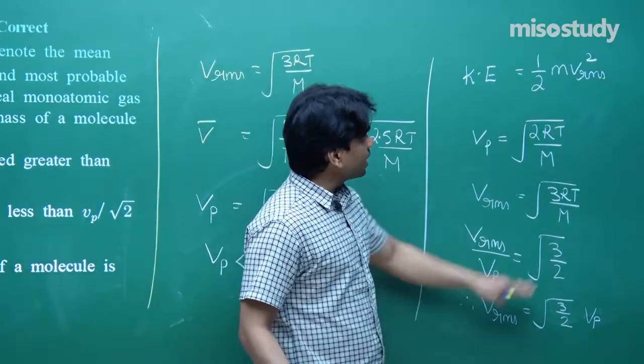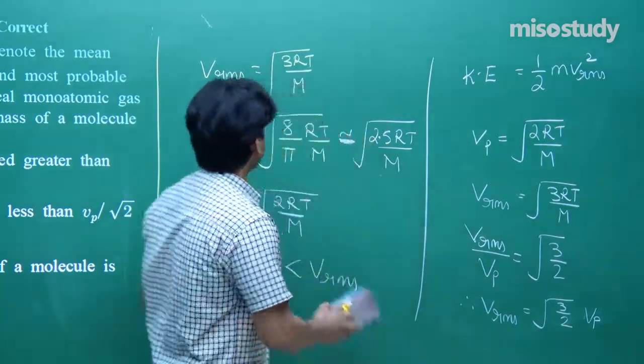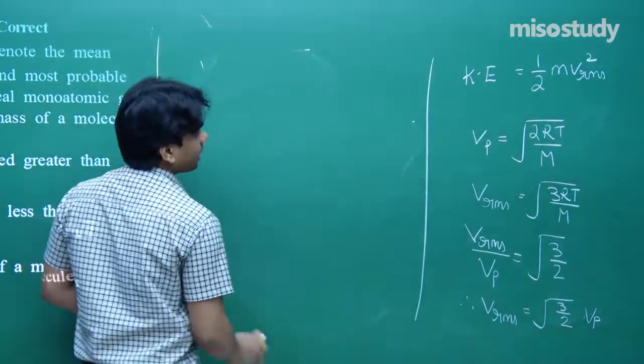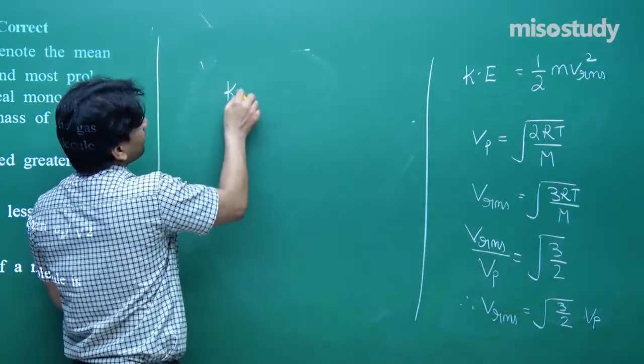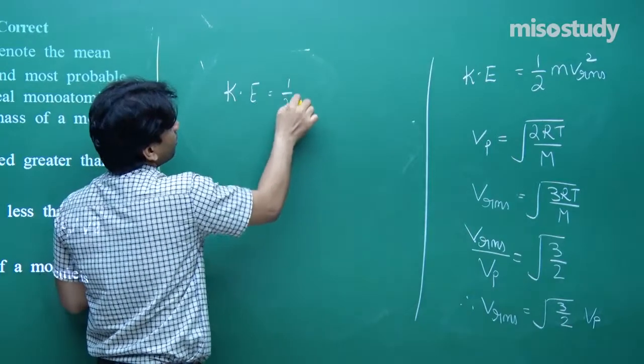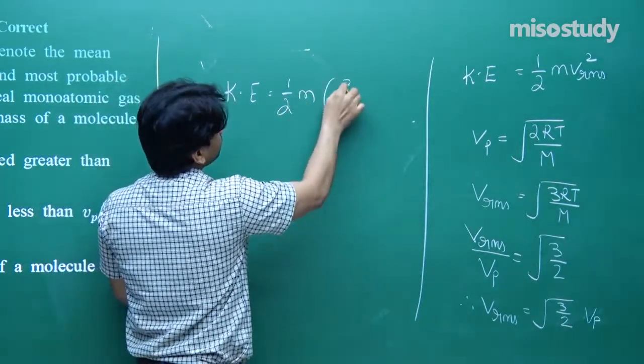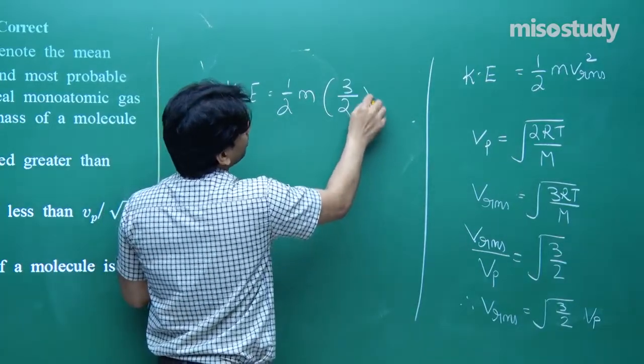Next, if I replace this V RMS in the kinetic energy formula, we get kinetic energy equal to half m times 3 by 2 Vp whole square.